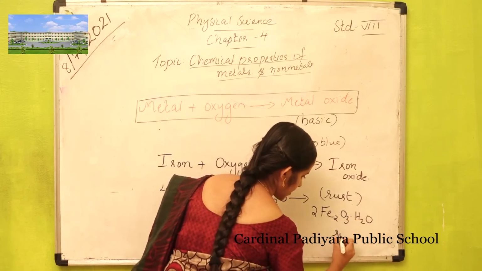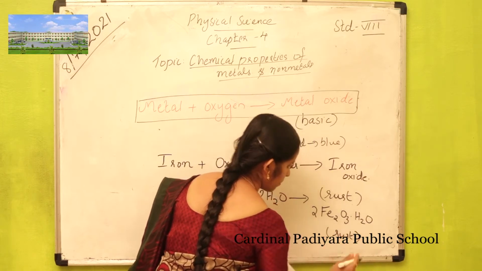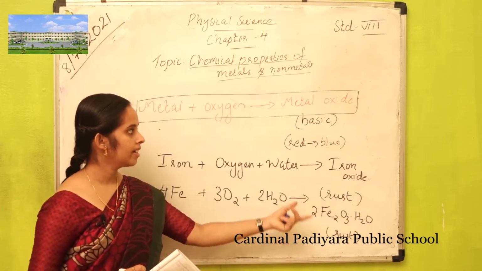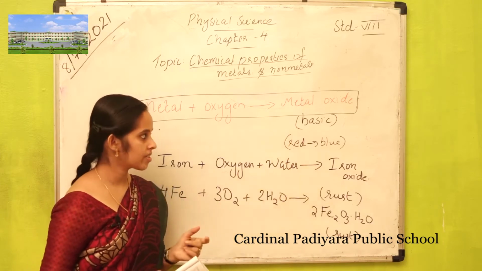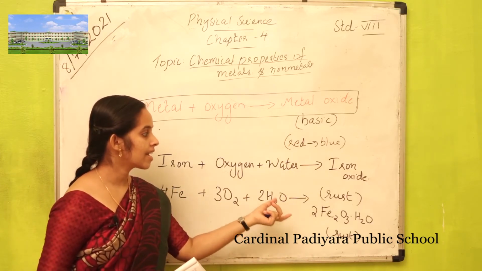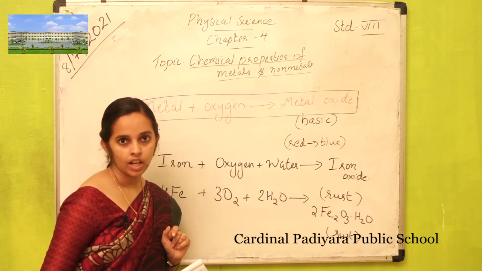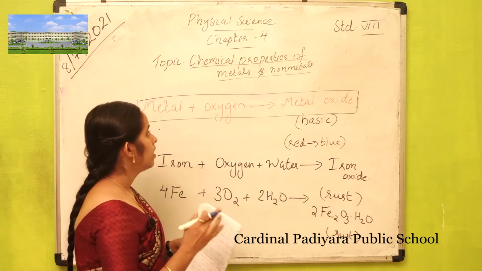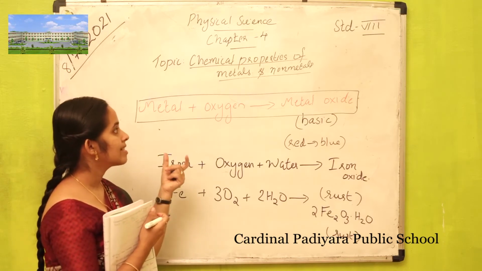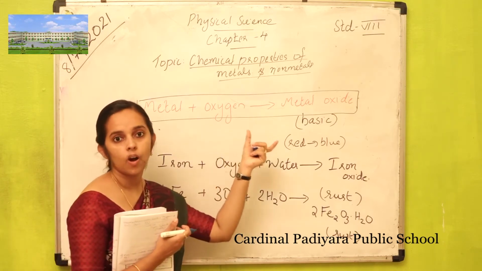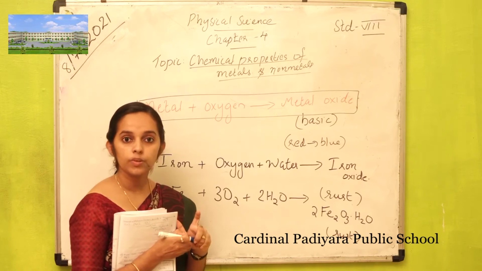This is the rust. Then what about the nature of this iron oxide? They are basic in nature, which means it can turn a red litmus to blue litmus. Are you clear? Then we are going to study what happens when a non-metal reacts with oxygen. That we are going to study next.